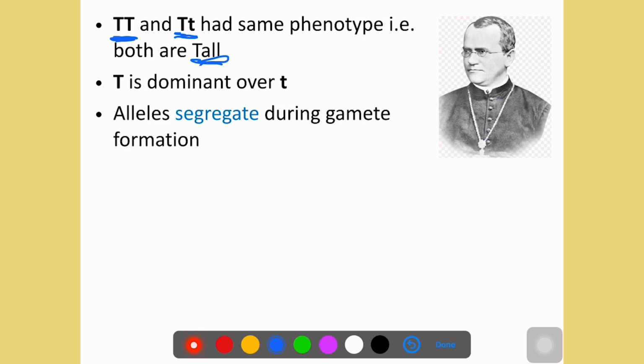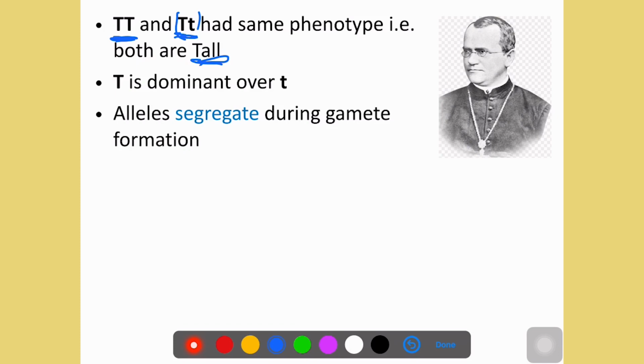Now based upon that, you can clearly see that when 2 different alleles are present in heterozygous condition, one of the alleles gets to express whereas the other one is suppressed.